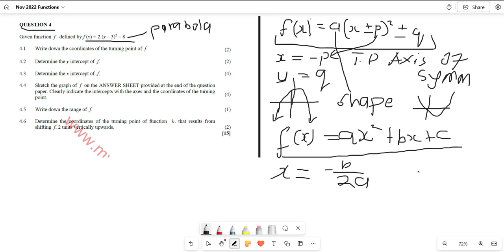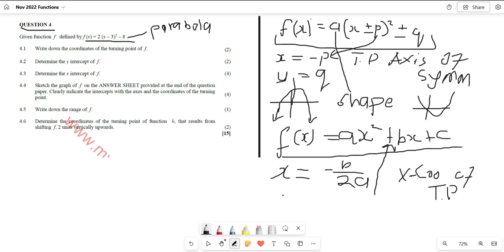This equation gives us the x coordinate of the turning point. After getting the x coordinate, you substitute it back into this equation to find its y coordinate.